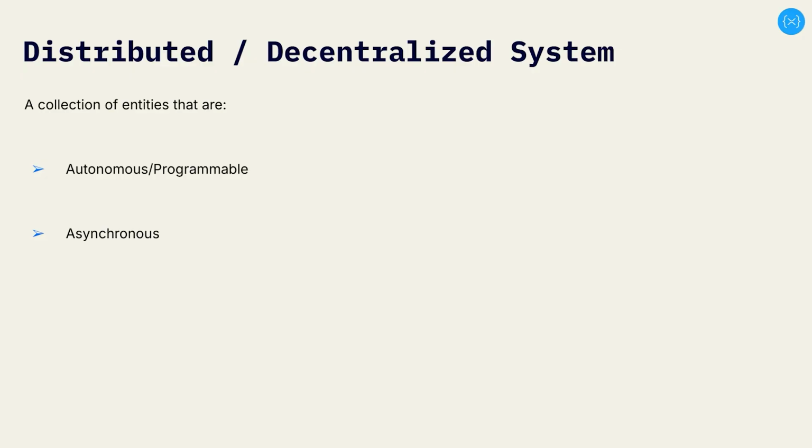Secondly, these entities are asynchronous, and this is one of the most crucial components of distributed or decentralized systems. By asynchronous, we usually mean that there is no central clock that dictates the same time for all instances, but rather all instances are running on their own time.